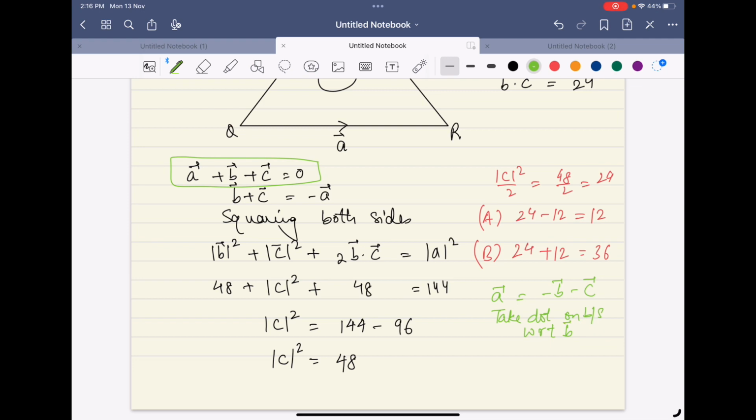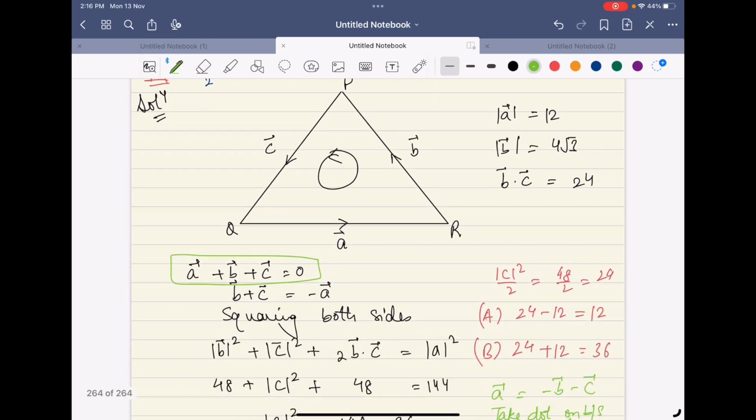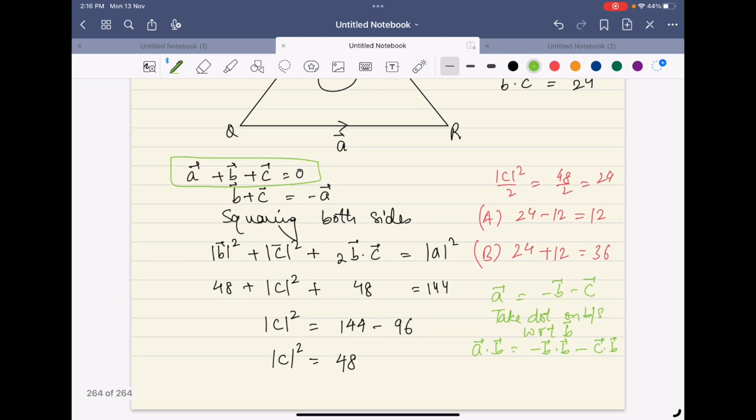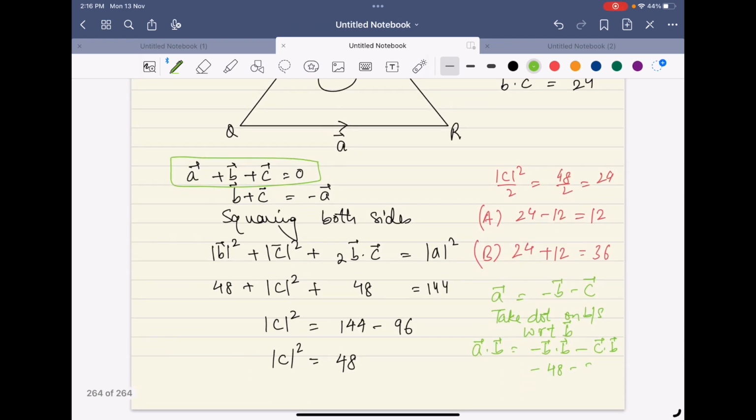So A dot B is equal to minus B dot B minus C dot B. B dot B is nothing but mod of B square, and mod of B is 4 root 3, so mod of B square would be 48 with a negative. B dot C or C dot B is one and the same thing because it is a dot product, so this is 24.